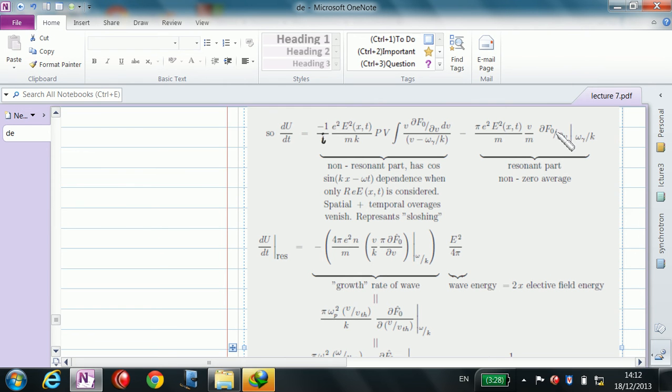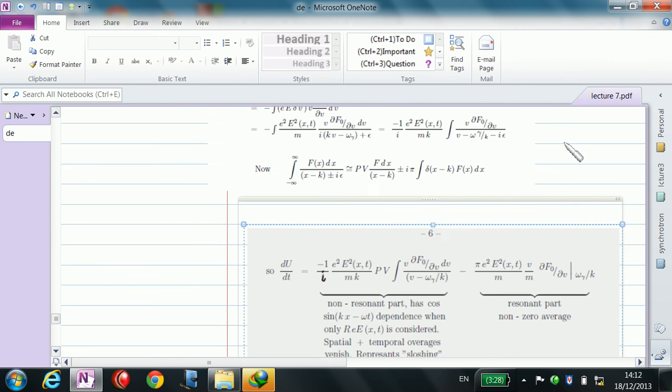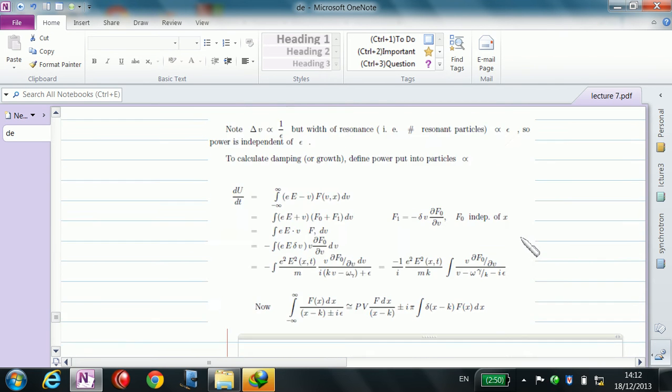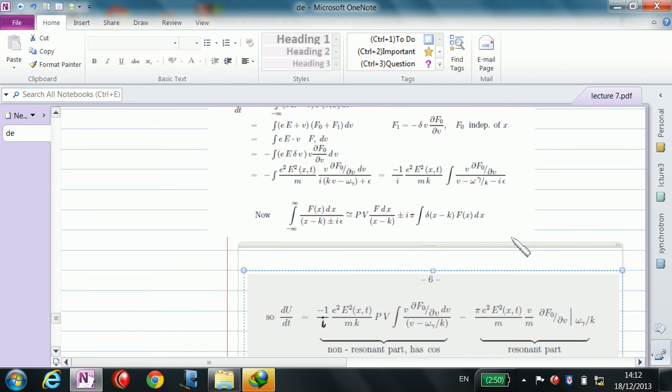So this part depends on the sign of df/dv. If it's positive, then particles lose energy on the average, and if it's negative, then the particles gain energy from the wave, which is what you expect thermodynamically.